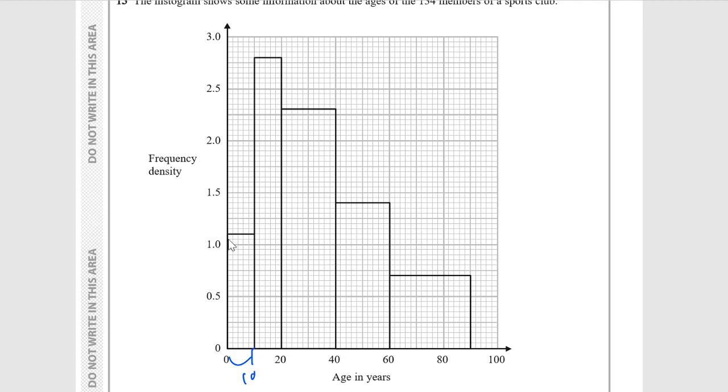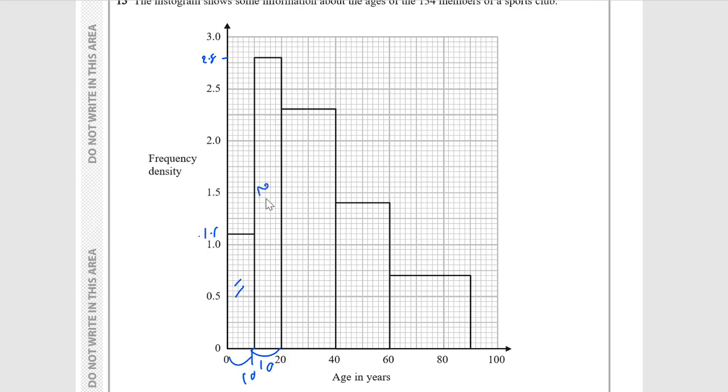So that's 0.5 as you go up. Sorry, that's 0.05. So that means this one here is going to be 1.1. So 1.1 times by 10 gives us 11. Here it's 10. So 10 times, and here we see again, we've got 2.7, 2.8. So that's 2.8.